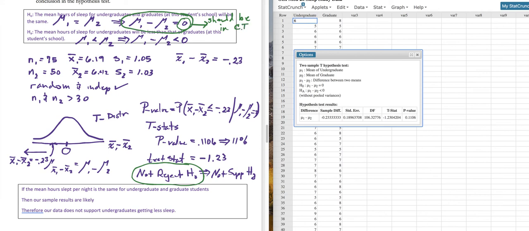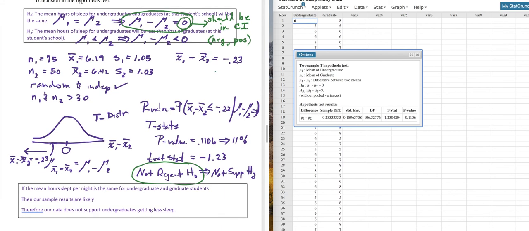And if we're going to have the value of 0 in our confidence interval, well, that means that our left-hand endpoint would have to be something negative, and our right-hand endpoint would have to be something positive so that 0 is contained in that interval.